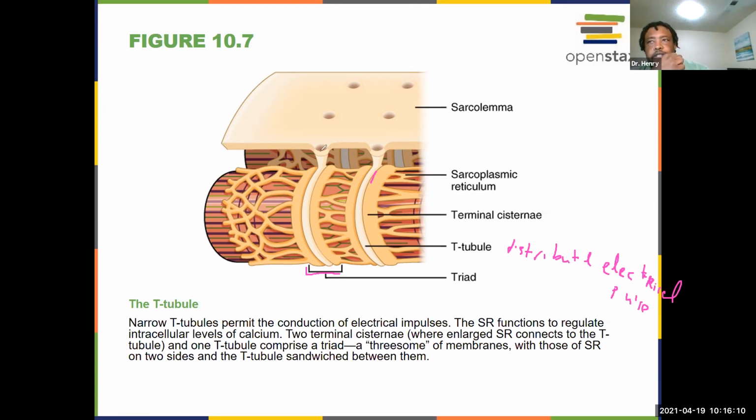So this guy receives it, and these guys allow for the distribution of it, okay? But it takes the connection between your T-tubule in your triad formation here. So that band there represents that triad. Does that make sense? I'm trying to think of an analogy, but I can't think of one right now.